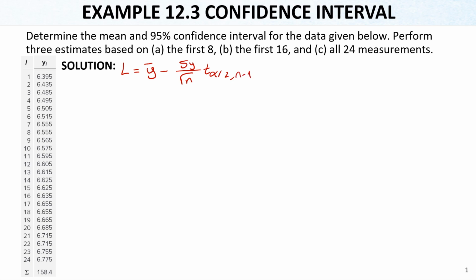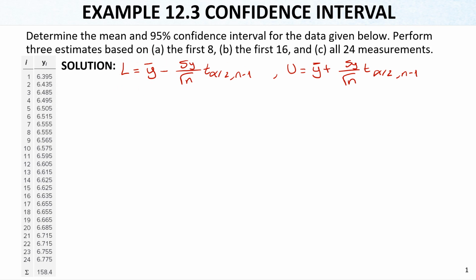And the upper bound is the same, but with only a plus sign: sy divided by root n, times t alpha divided by 2 and n minus 1. So we will need to calculate these parameters to be able to calculate these L and U.